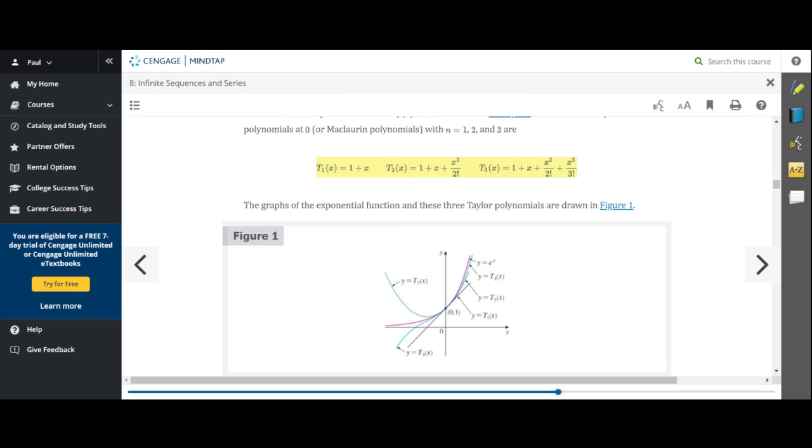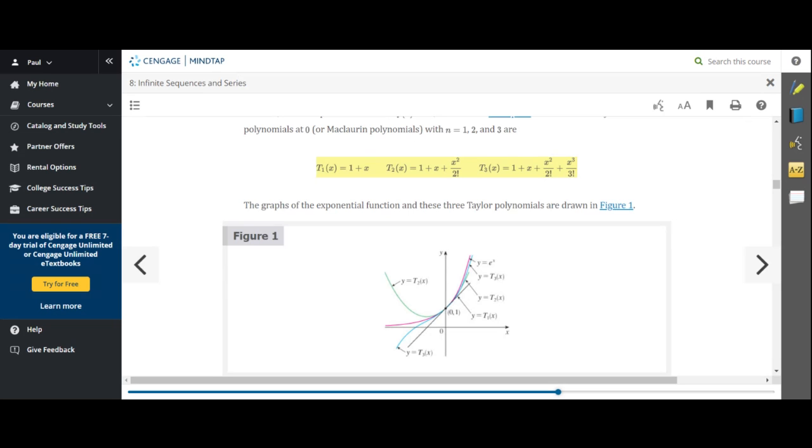Why would T3, the third degree Taylor polynomial, approximate the exponential function e to the x better than T sub 2 or T sub 1? Why would that be the case? Okay, so let me see. Michael says closest to the original after a. Yes, that's true, and you can pictorially see it.